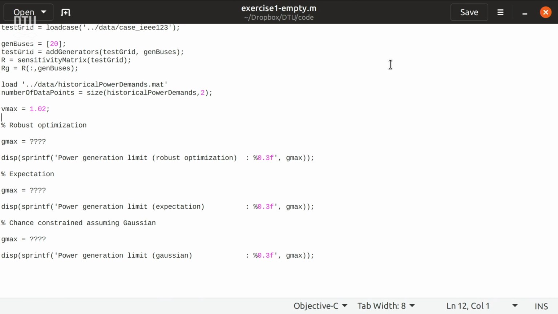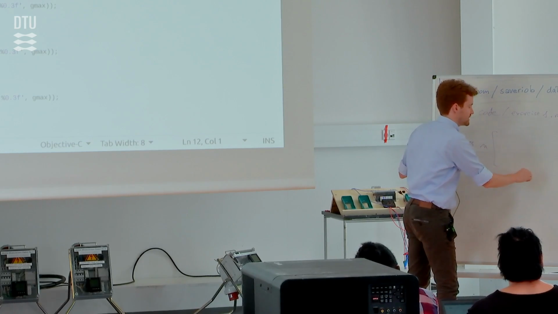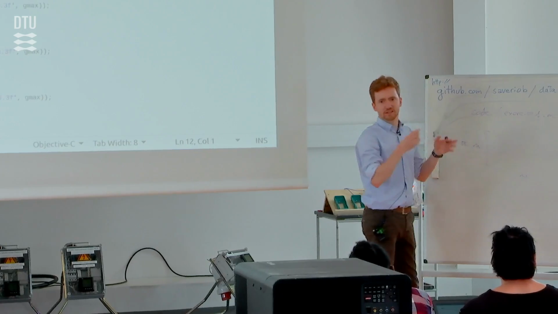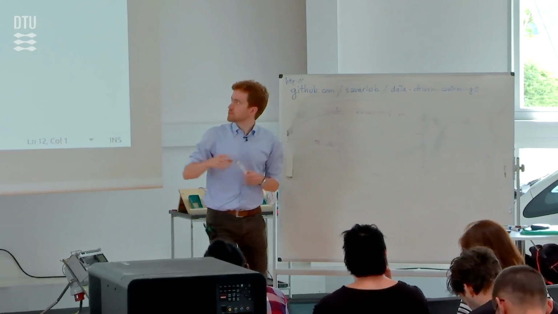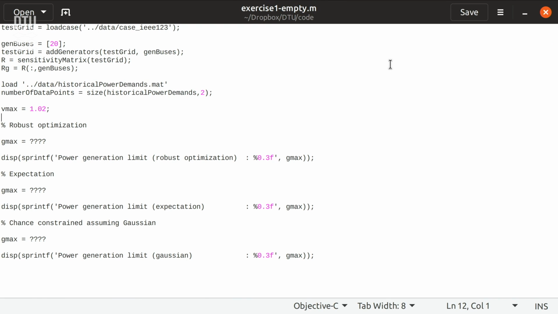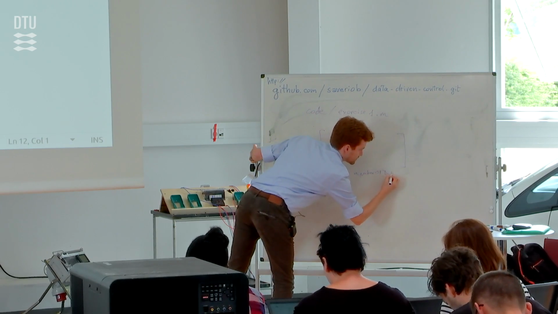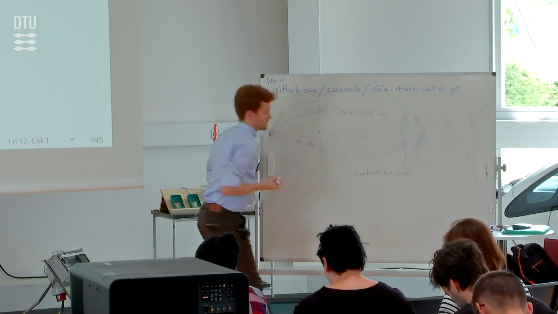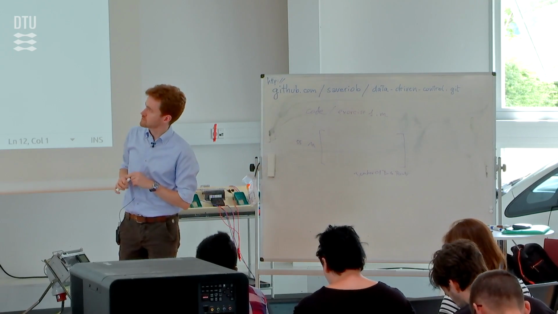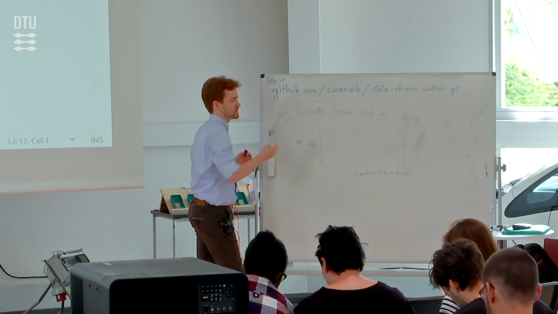That's a matrix of dimension n, the number of loads, which is 55, I think, and the number of columns, which is the samples, and this is many, thousands, hundreds, I don't remember. You have a number of data points, size of historical power demands comma 2, which gives you exactly this one. So this is the number of data points. And it's just a matrix. It's not a structure. There's just a matrix of power demands.